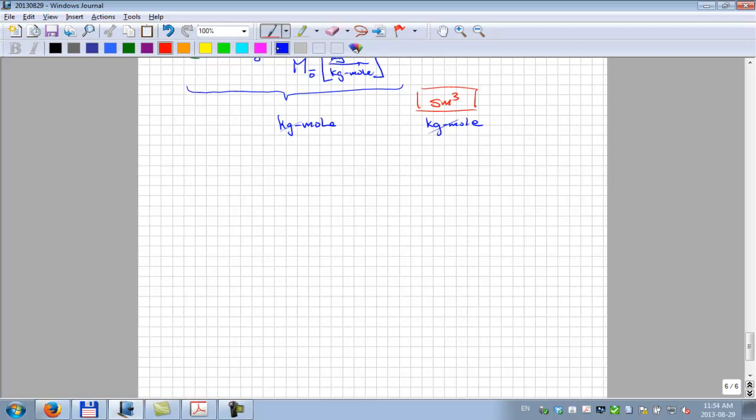So I'm just going to talk a little bit about barrel of oil equivalent, because it's really used a lot, particularly in the media. It's written BOE. Its unit is a barrel.